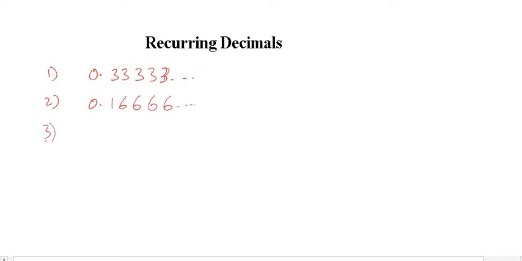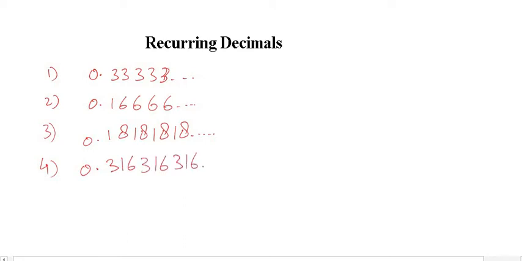Or it may be possible it can be 1.8181818 and so on. It may be possible it can be 0.316316316 and so on. So these are recurring numbers.